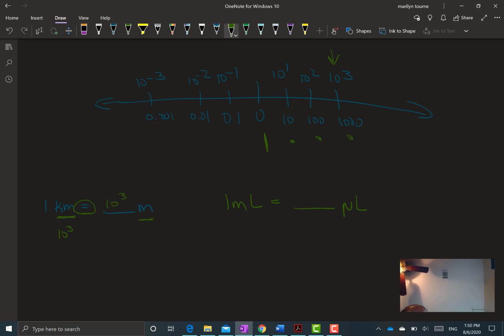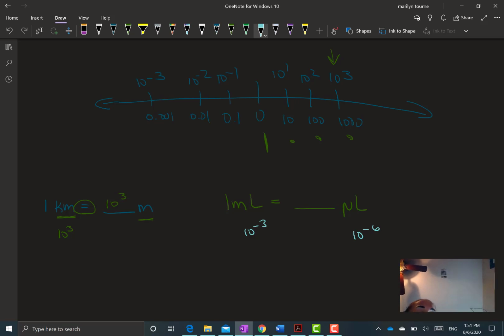So right off the bat, you need to know that milliliter is 10 to the negative 3, and microliter is 10 to the negative 6. So then you ask yourself, which is the smallest one? The smallest one here would obviously be 10 to the negative 6. Then the question becomes, what is the difference between the negative 6 and the bigger unit, the negative 3?